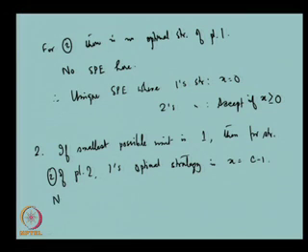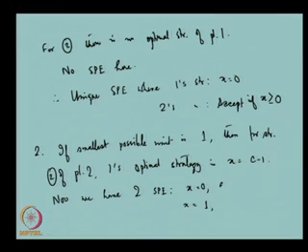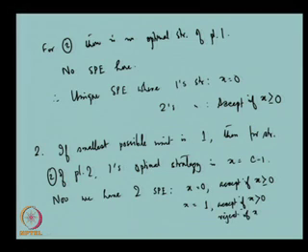So now we have two subgame perfect equilibria, right. One is x equal to 0 and the other x equal to 1. For x equal to 0, what is player 2's strategy? Accept if x is greater than or equal to 0. For x equal to 1, accept if x is positive, reject if x equal to 0.